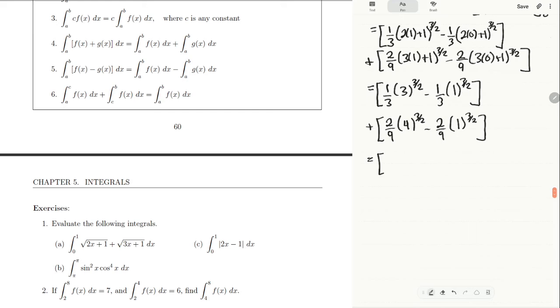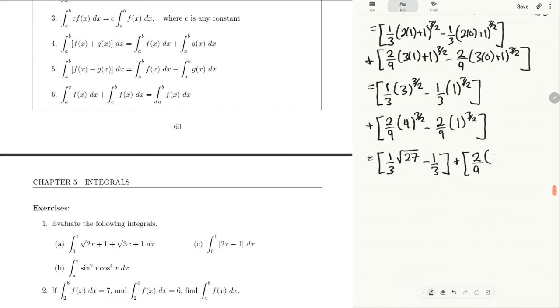So now this becomes 1/3 times the square root of 27 minus 1/3, and we add this to 2 over 9 times the square root of 4, which is 2, and 2 cubed, which gives us 8, minus 2/9.